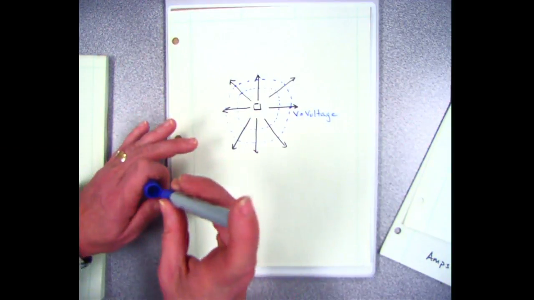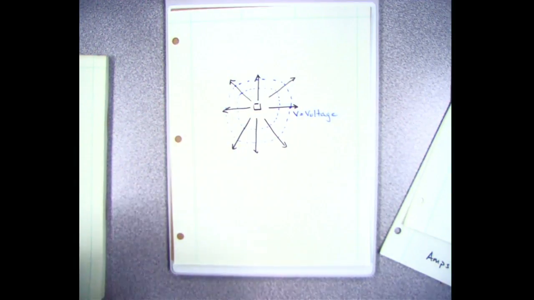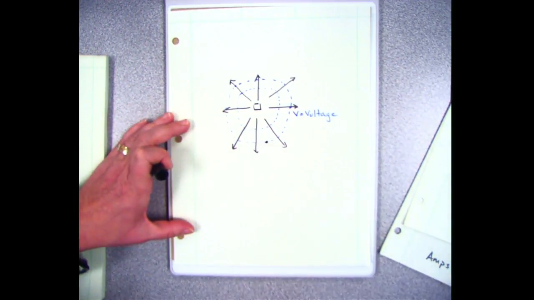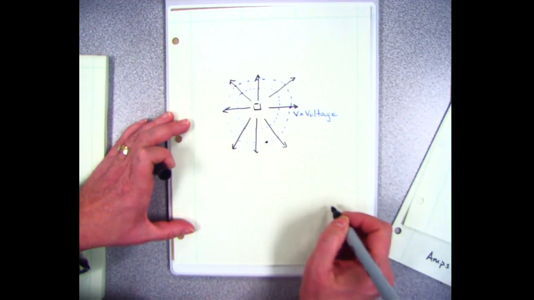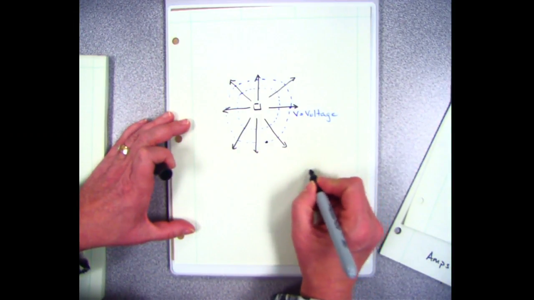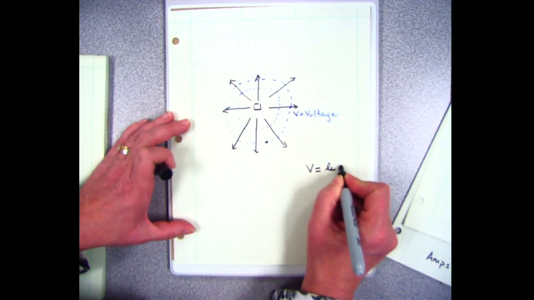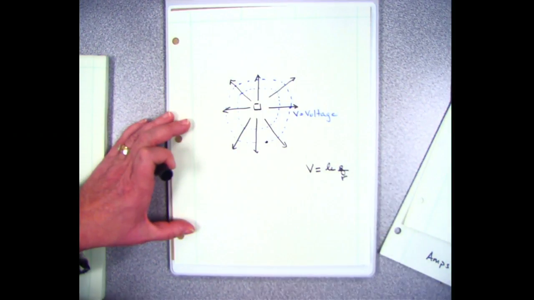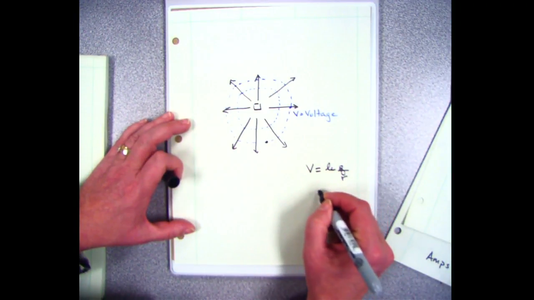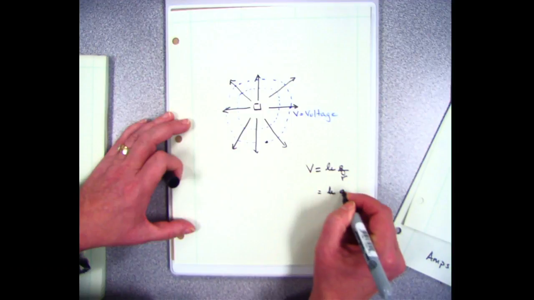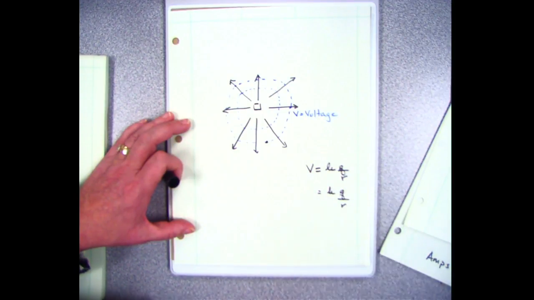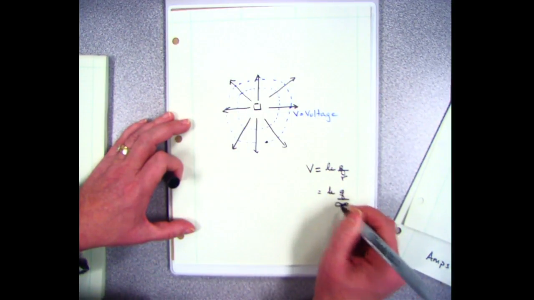And as I come in from infinity, now remember that my potential is equal to kQ over r. Right? So it's kQ over r. As r goes to infinity, that number gets really small.